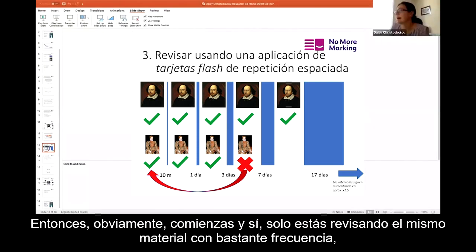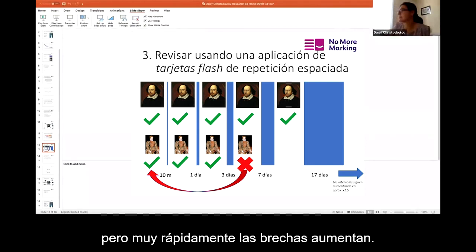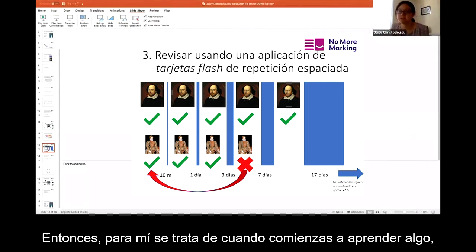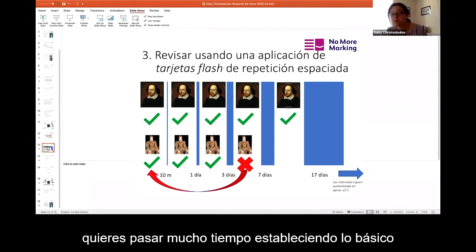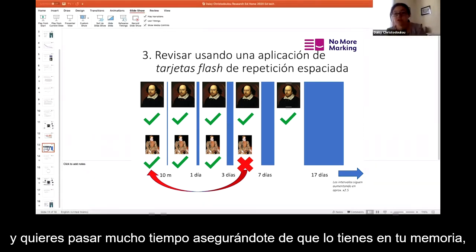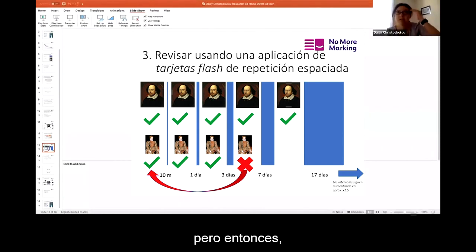So obviously you start out and you are reviewing the same material quite frequently, but very rapidly the gaps increase. So for me, when you start learning something, you do want to spend a lot of time establishing the basics and making sure you've got it locked down. But then if you've done all that right, it's locked in.